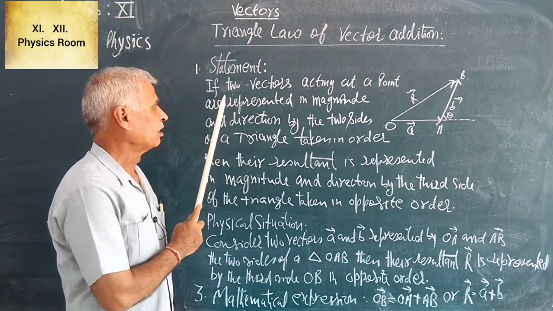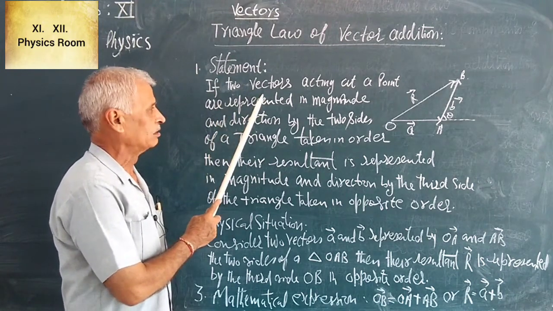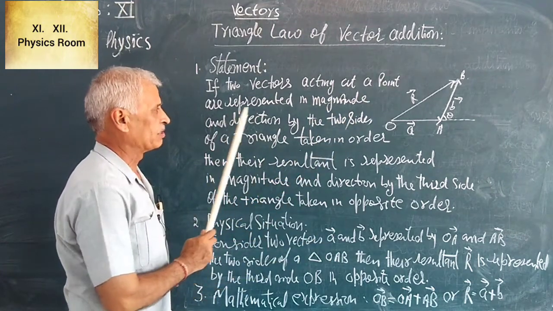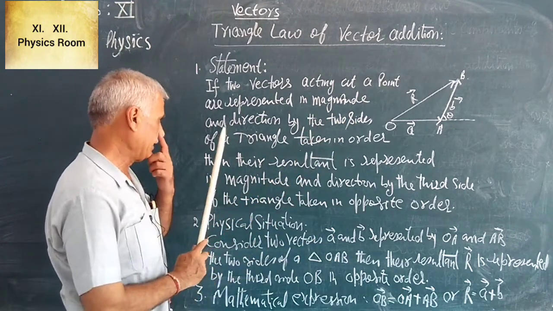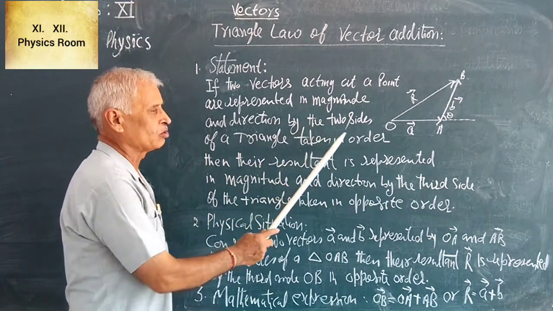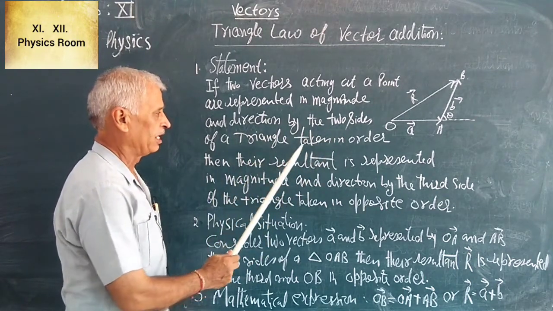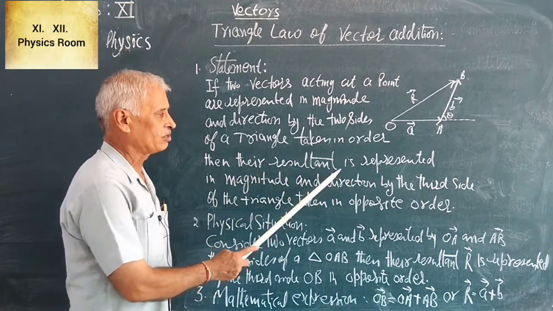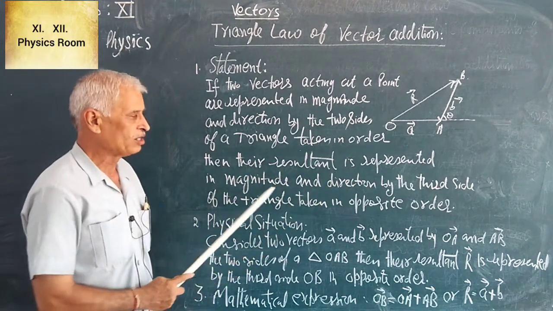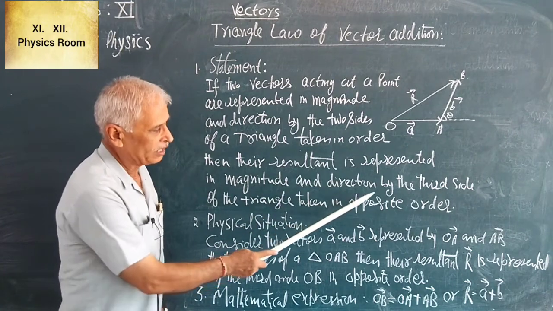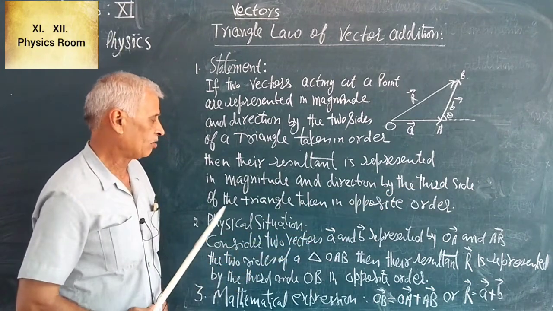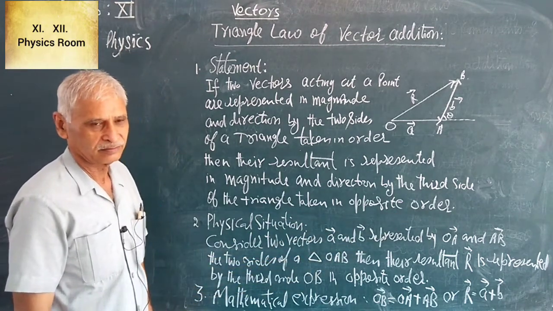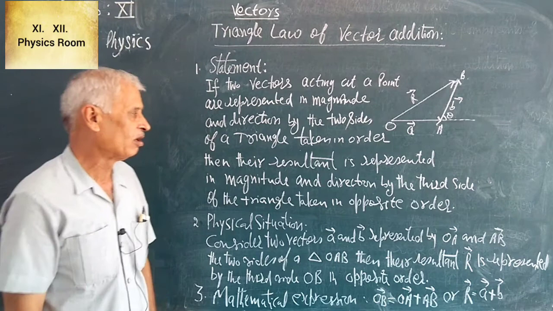It says that if two vectors acting at a point are represented in magnitude and direction by the two sides of a triangle taken in order, then their resultant is represented in magnitude and direction by the third side of the triangle taken in opposite order. This is the statement of the law.